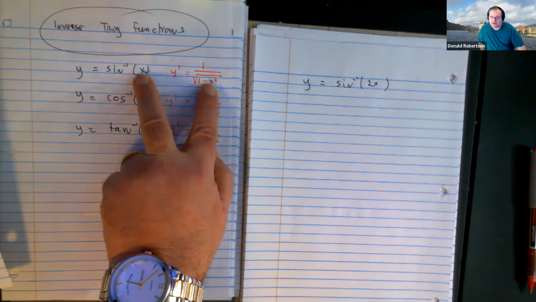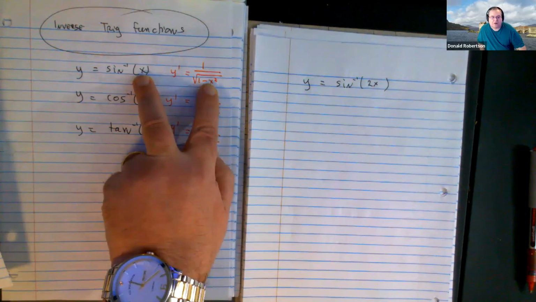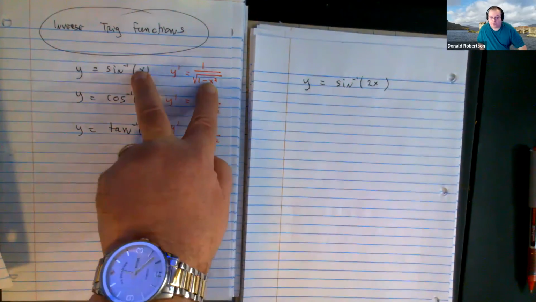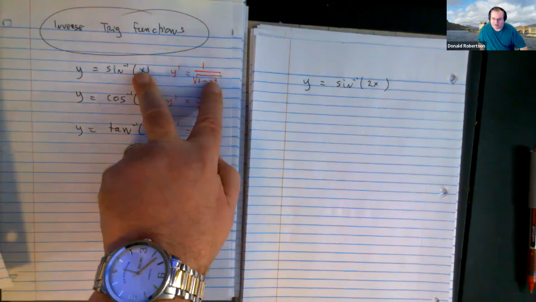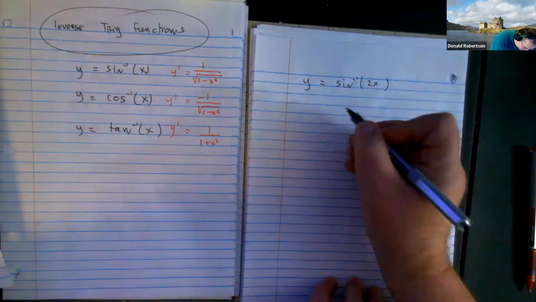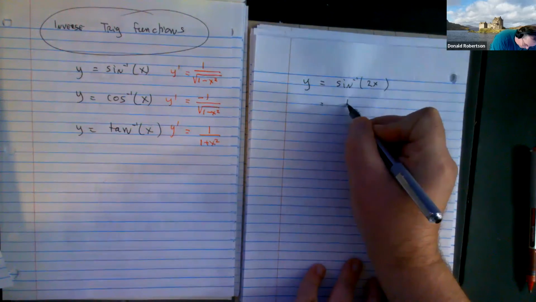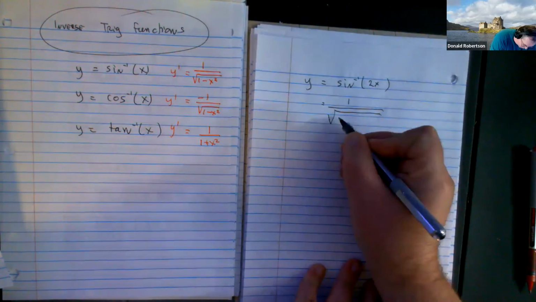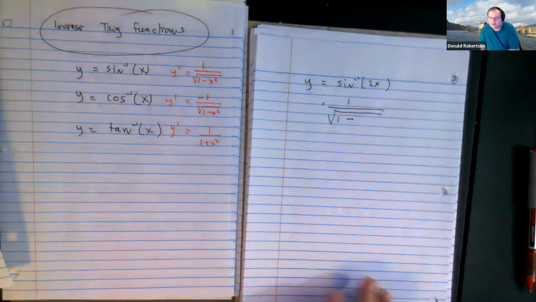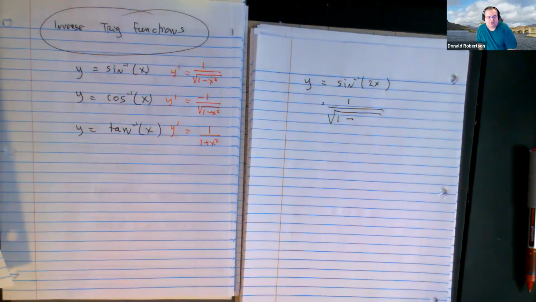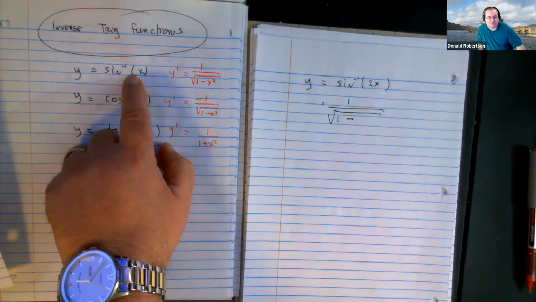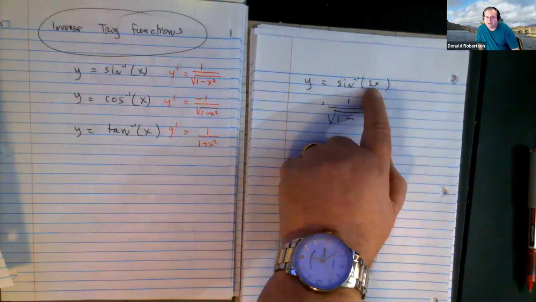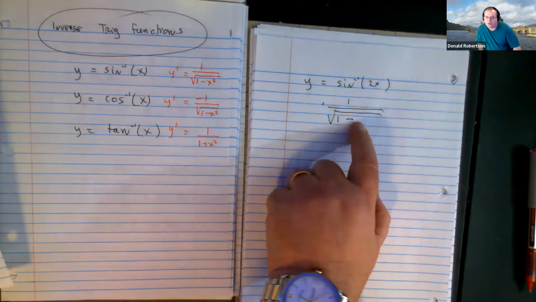So if x turns into something else, 2x in this case, so does that. So according to the chain rule then, shouldn't the answer to the inverse sine function be 1 over the square root of 1 take away something? But not take away x. That's what it is if it's inverse sine of x. Since I'm getting the inverse sine of 2x, what do I put here?